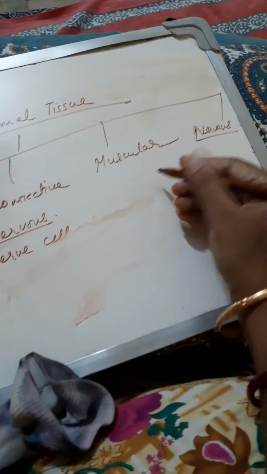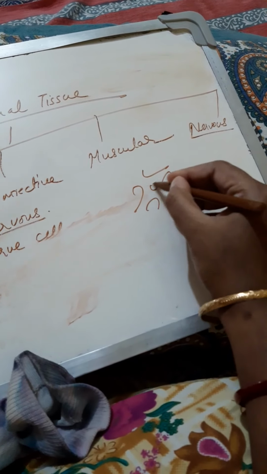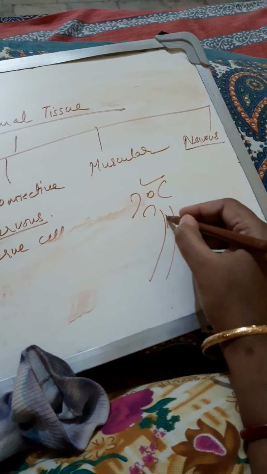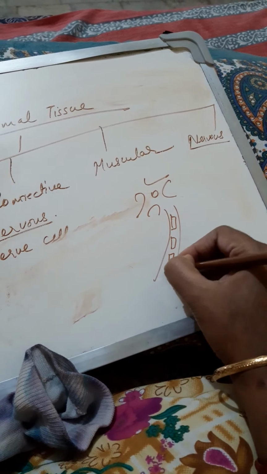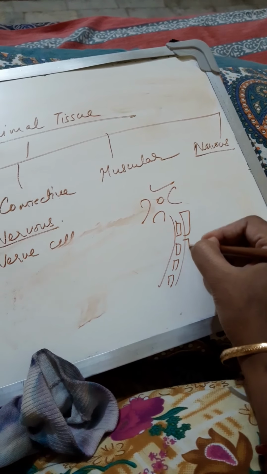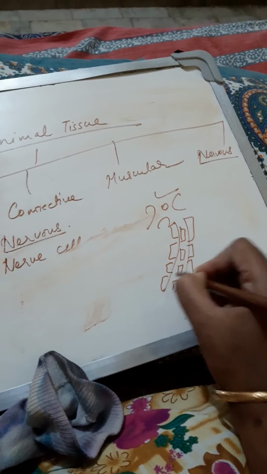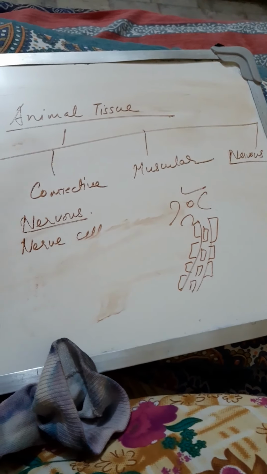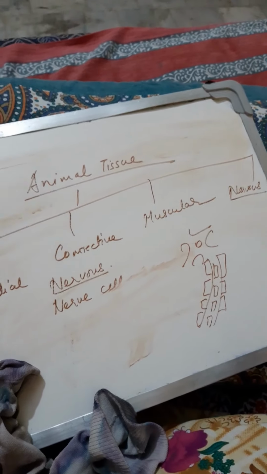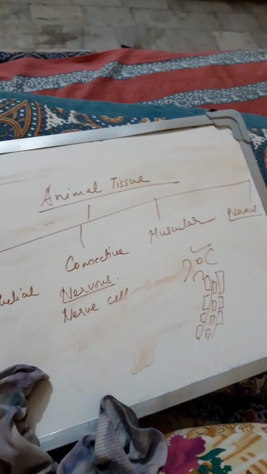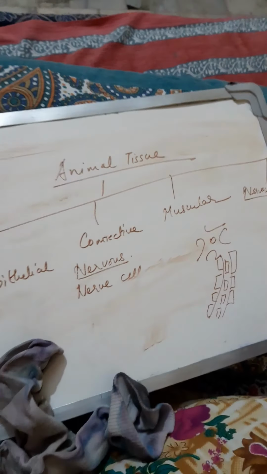You need to revise the structure of the neuron: the cell body, nodes of Ranvier, dendrons, dendrites. If you remember, this kind of structure was there, and they are responsible for transmitting nerve impulses throughout the body.